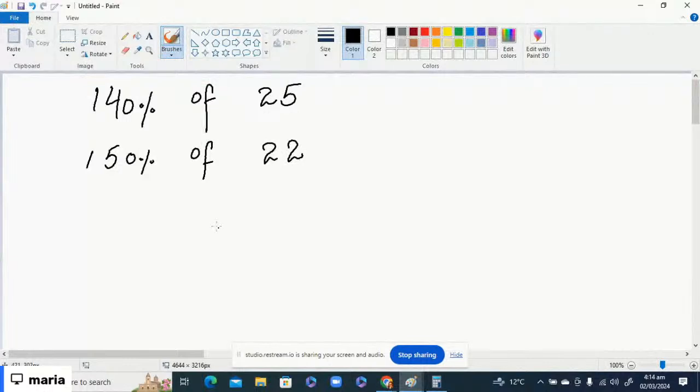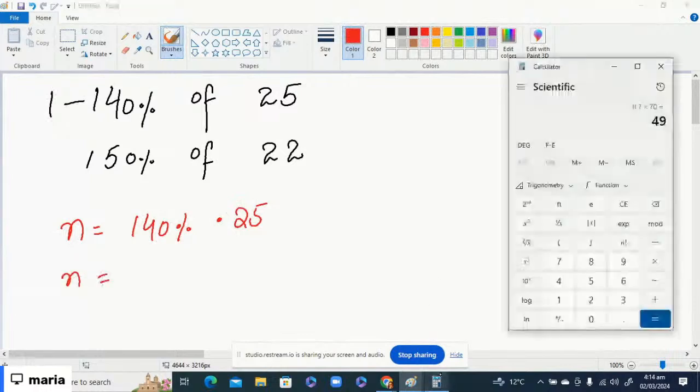Okay, so let's solve the first question firstly. So here is 140% of 25, that means n is equal to 140% multiplied by 25. So n is equal to, what is 140%? 140 divided over 100.